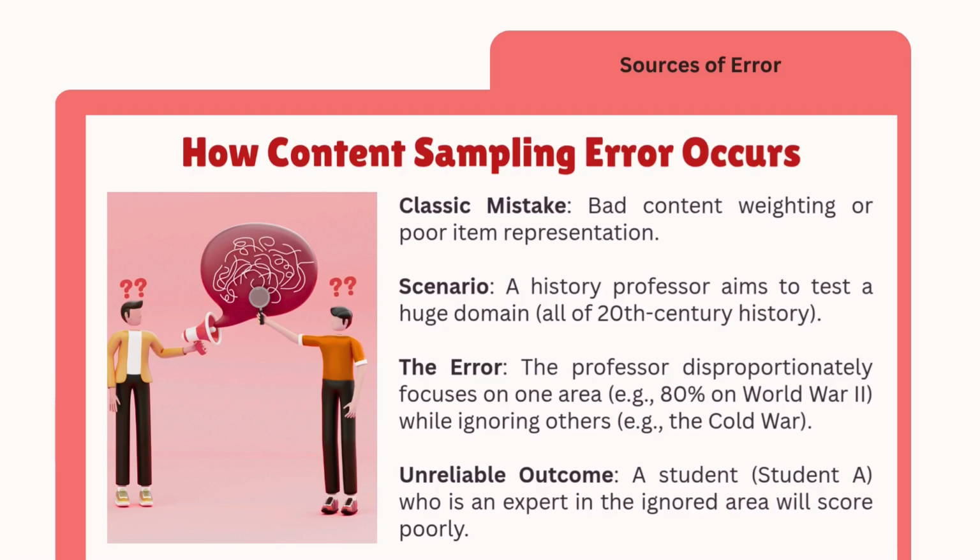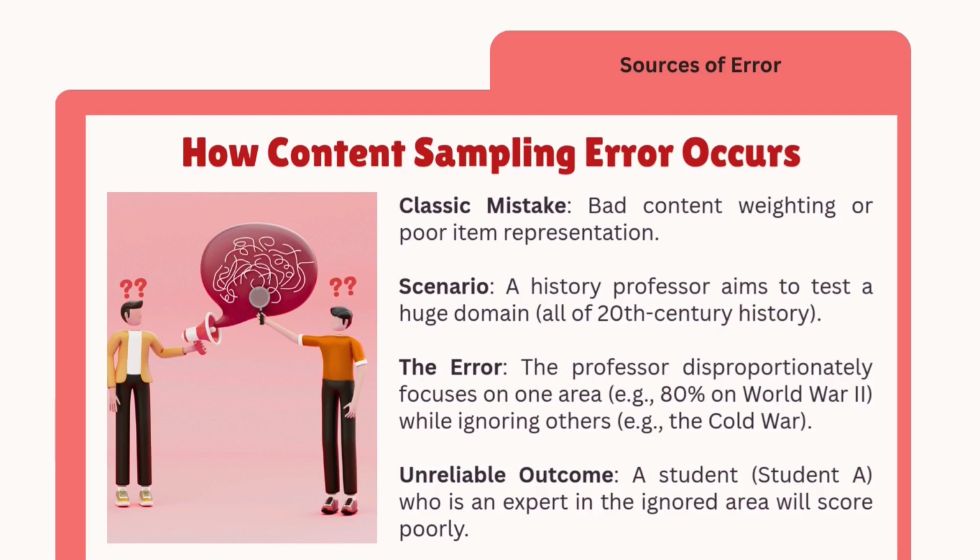So let's say there's student A who is actually super good in Cold War, but is only mediocre when it comes to World War II details. So the result is that they score poorly. Their score becomes unreliable as a measure of their overall 20th century history knowledge.